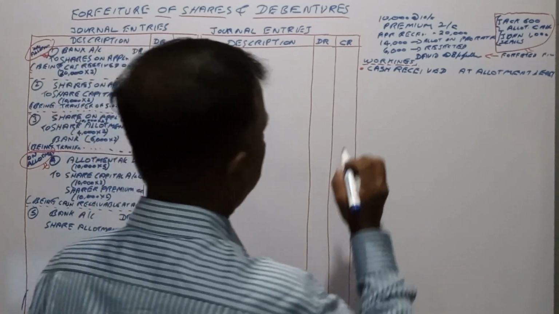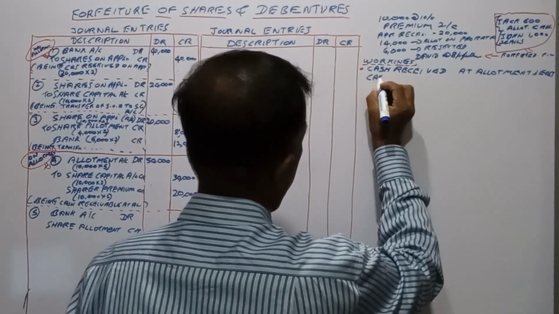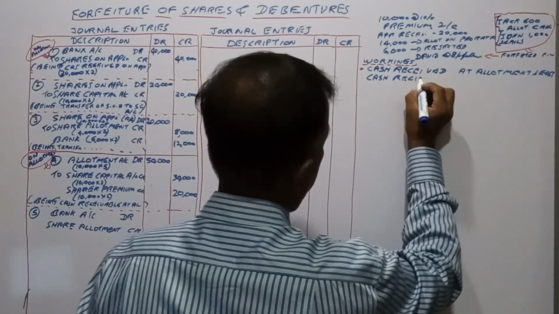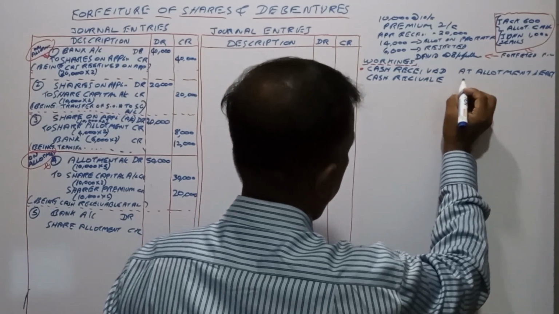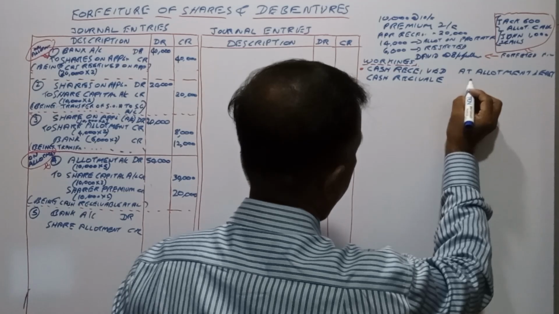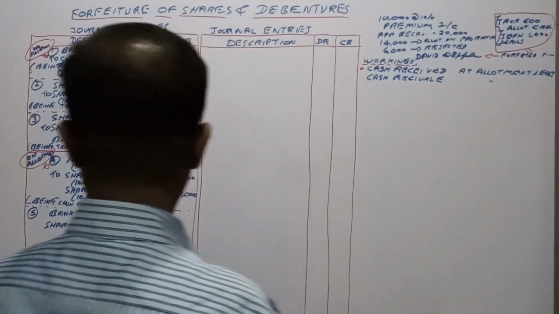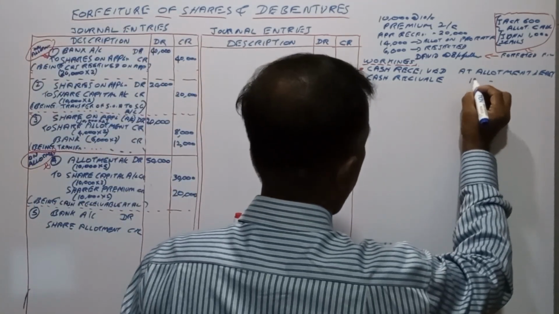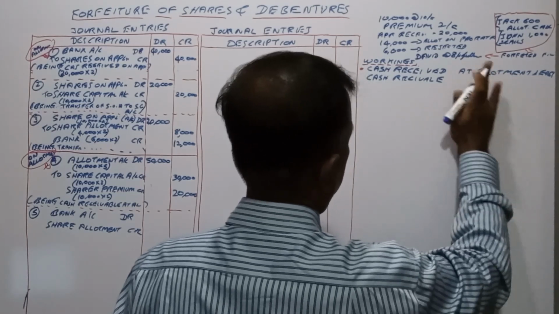Cash receivable at allotment level equal to how much? 10,000 shares, right?